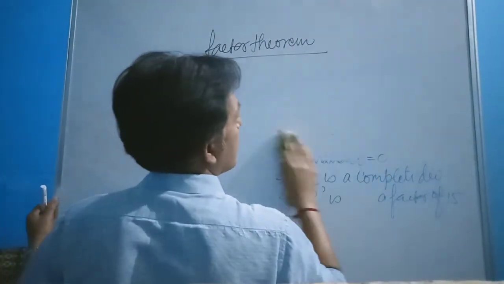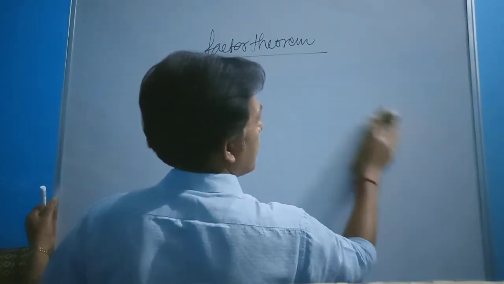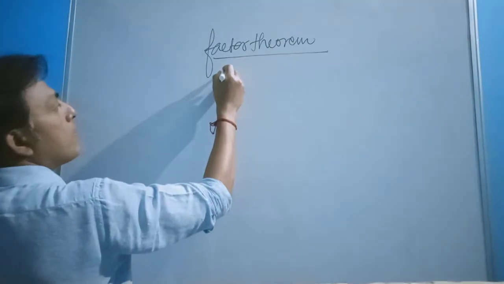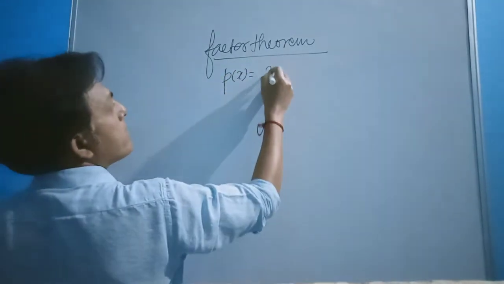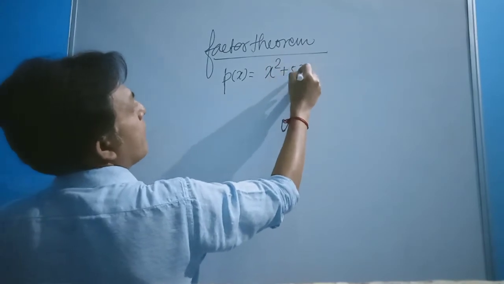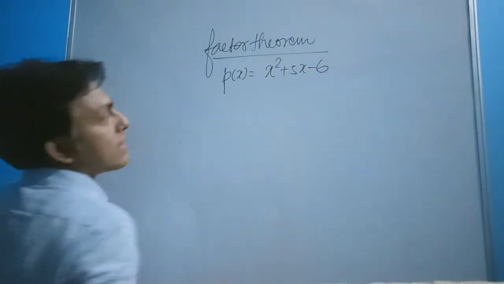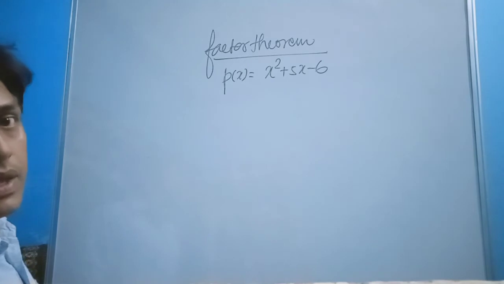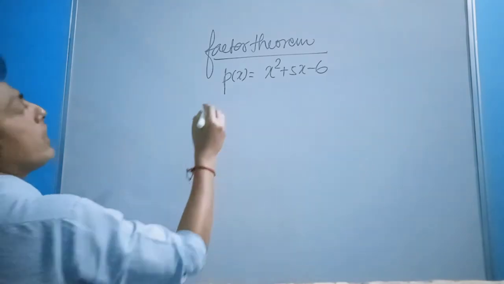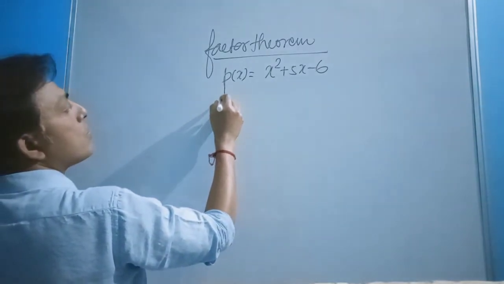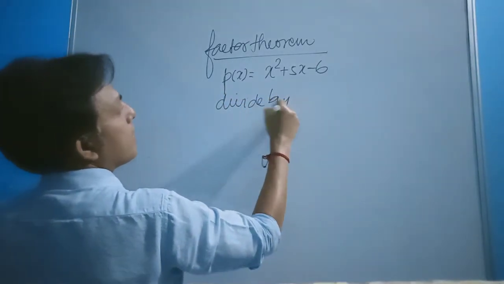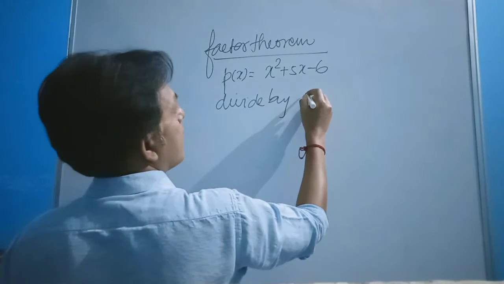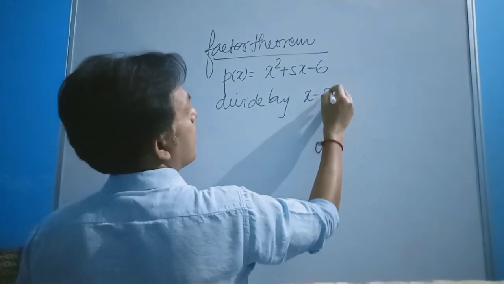Suppose we have p(x) as x square plus 5x minus 6. Correct? And we are going to divide it by x minus 2.